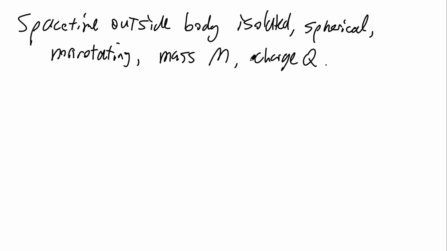So this is a generalization of the Schwarzschild spacetime to a body that not only has mass but also has electric charge q. This is sometimes called the Reissner-Nordstrom spacetime.